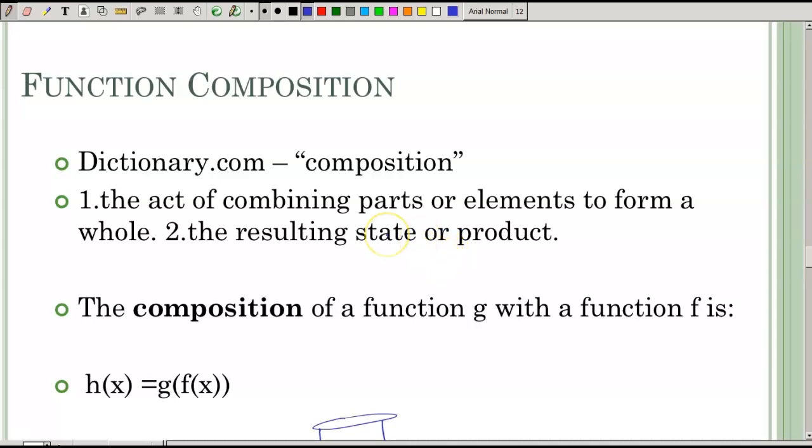So when we talk about composing functions or composition, think about what comes to mind when you think of that word. You might think of a music composition, or if you're writing an English paper, you're composing or putting it together.